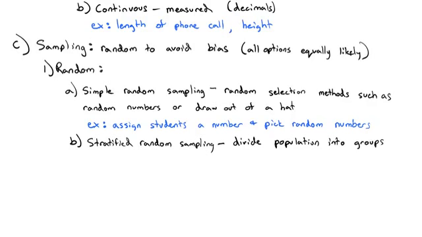Each group is called a strata, and then select a proportionate number of each group.